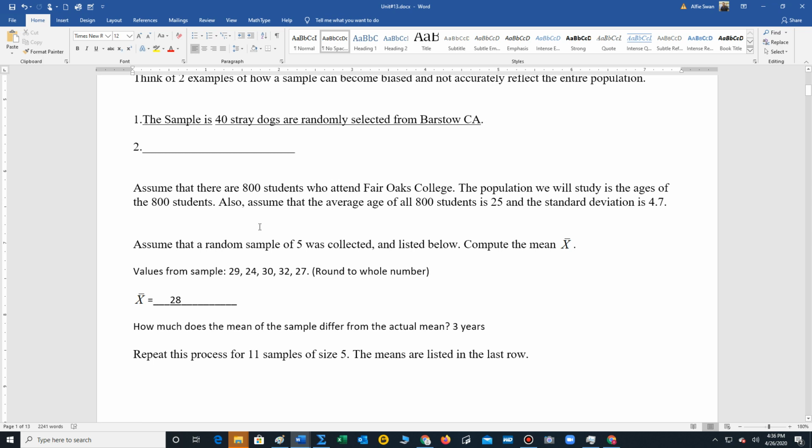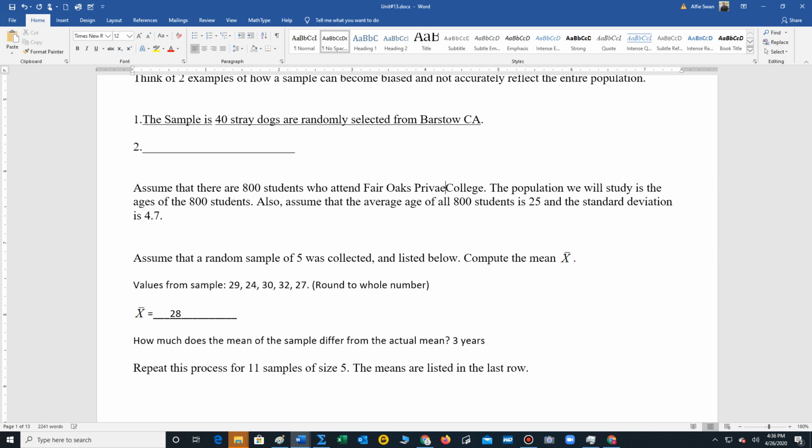Now we're going to transition into working with an example of the central limit theorem and how it operates. Let's start by assuming that we have 800 students who attend Fair Oaks Private College. The population we will study will be the ages of the 800 students.